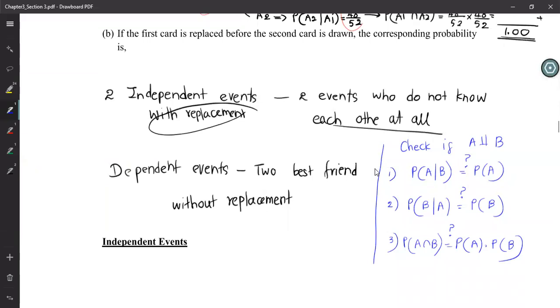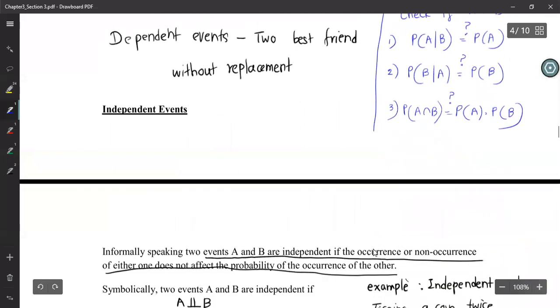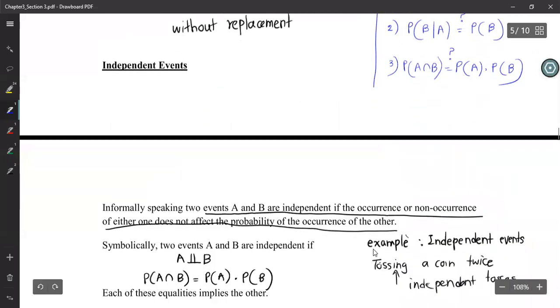So you can use any of these three, because if one is correct, the other two are automatically correct. You don't have to check all three. So these three you can use if you want to test whether two events are independent or not.